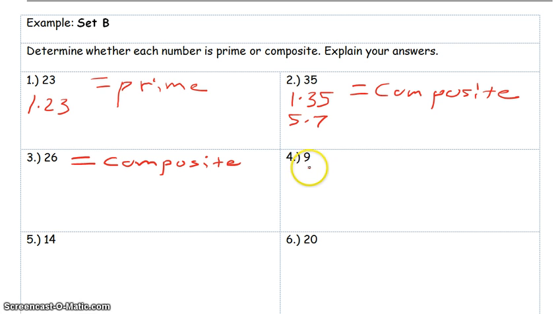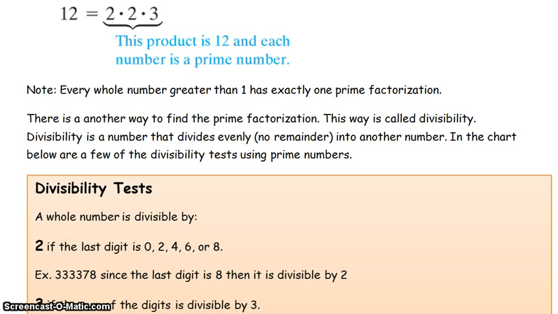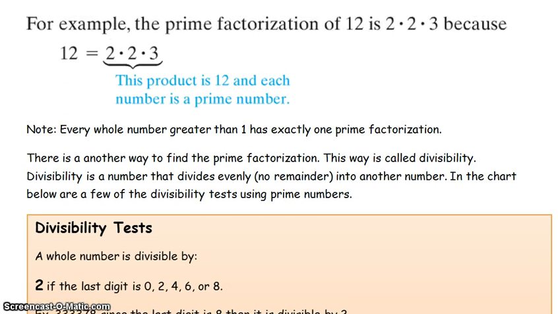Now we come to number 4, which is 9. The factors of 9 are 1 and 9 and 3 and 3. Now, we have more than 2 factors of 9, so automatically we know our answer is composite. Now we need to scroll down.